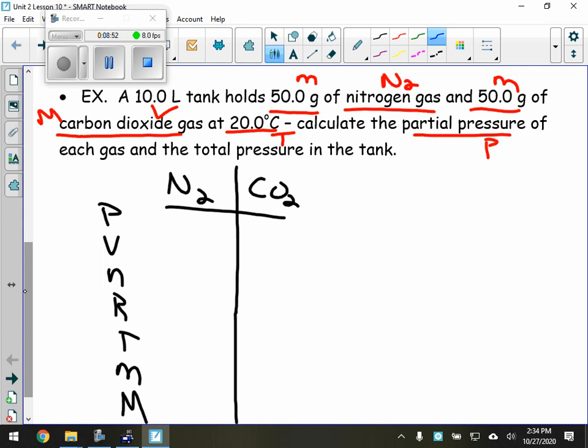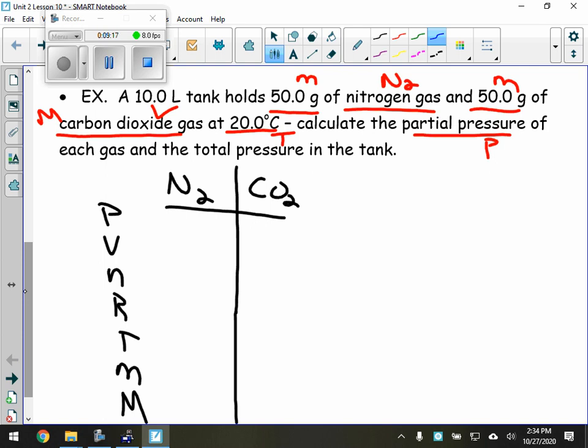So basically, this container has two or more gases in it. And by Dalton's law of partial pressures, it says, let's figure out this gas pressure, let's figure out this gas pressure, and add the two together to get the total pressure. But I see right away that I have two gases inside, so I probably have to do PV equals nRT twice.